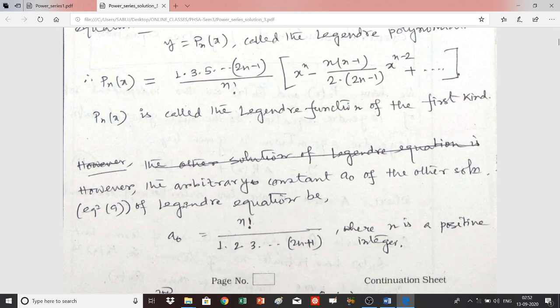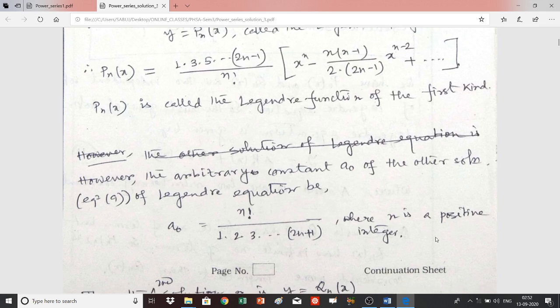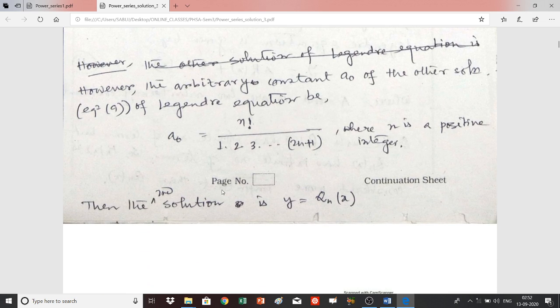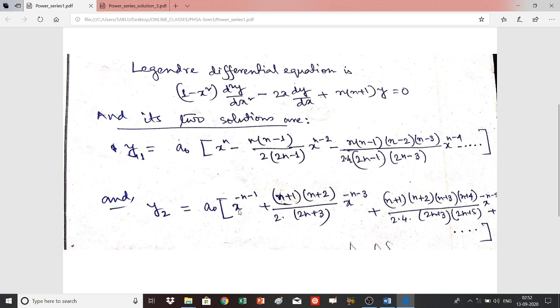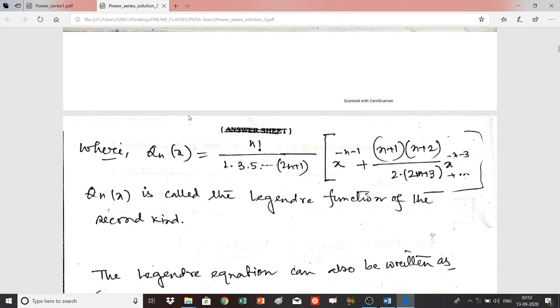However, if the arbitrary constant a0 is taken as n factorial by 1·3·5 etc. (2n plus 1), where n is a positive integer, then the second solution y2 will have the form Qn equals n factorial by 1·3·5 (2n plus 1) times x to the power minus n minus 1 plus (n plus 1)(n plus 2) by 2(2n plus 3) times x to the power minus n minus 3 plus other terms.